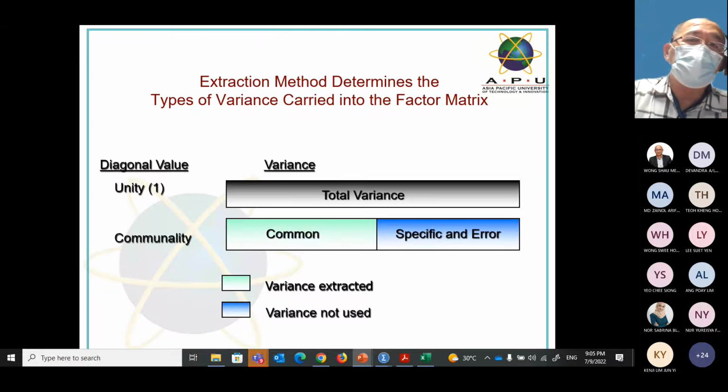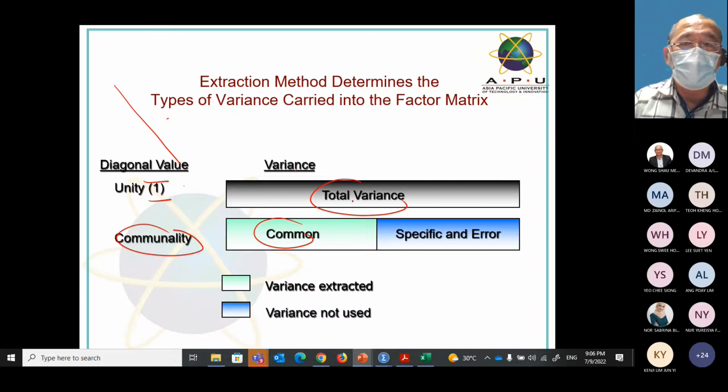Extraction method determines the type of variance carried into the vector matrix. The diagonal value must be 1. This is the correlation. The total variance has 2 kinds: common, actually 3: common, specific, and error.